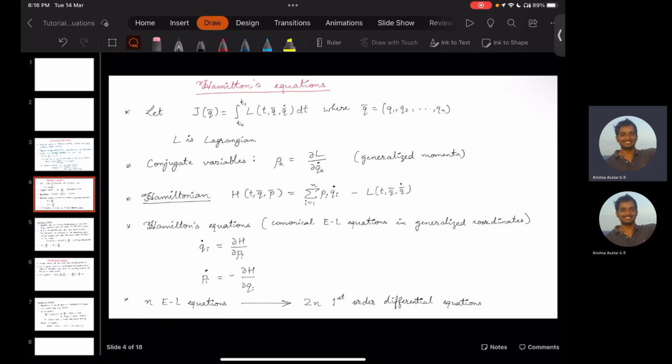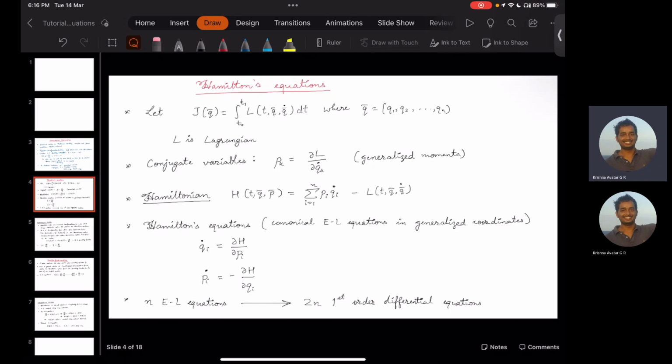Essentially, given the functional we have here, the extremal of this functional is going to be a vector whose components themselves are functions of t.